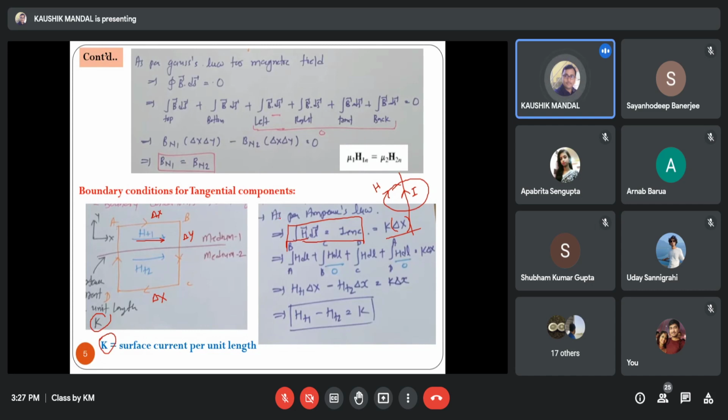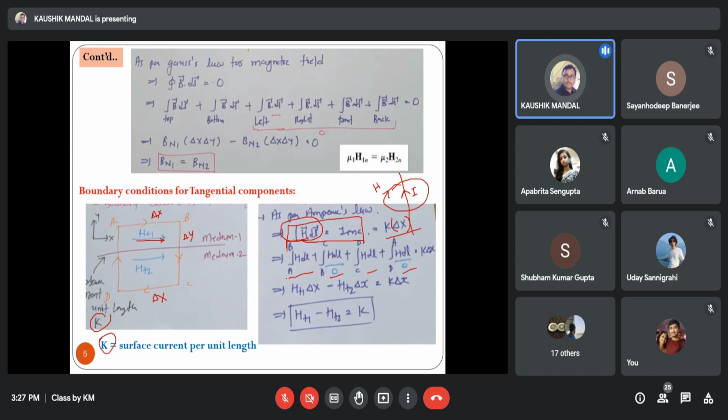Now in this integration of H dot dl, we consider these four paths: A to B, B to C, C to D, and D to A. So we have the integration of H dot dl over A to B, over B to C, and so on. In that way, we have considered four different integrations.